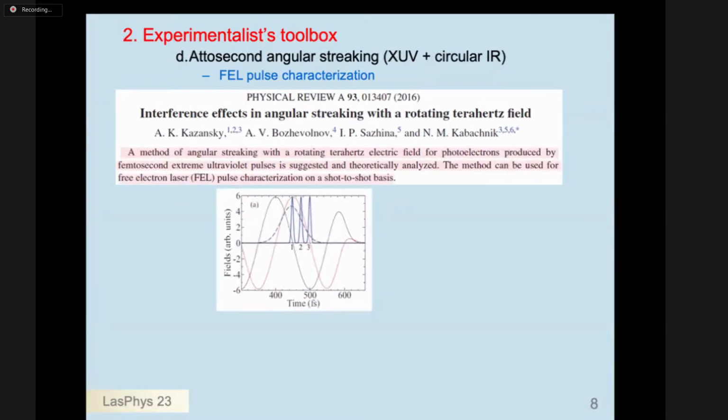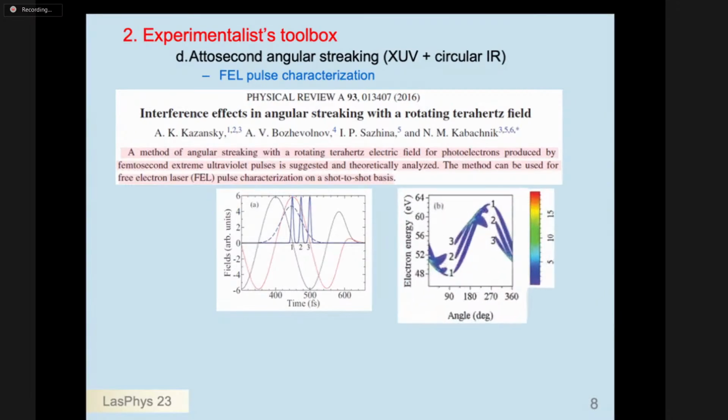So, depending on the arrival time of the XUV pulse, which is short compared to the terahertz radiation, there are two situations. When this pulse is displaced relative to the terahertz probe, the photoelectron momentum distribution looks very different. And from this difference, one can infer the actual moment of the arrival of this pulse.